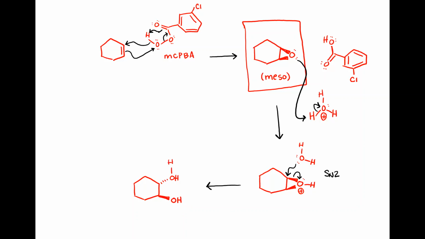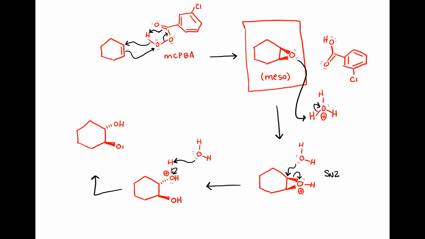Initially, though, this oxygen is positively charged, and so we'll need to show a deprotonation before we're finished with the mechanism. Water is the best base in solution, so we will use that to show the final deprotonation step, resulting in the final product, which is our anti-diol.